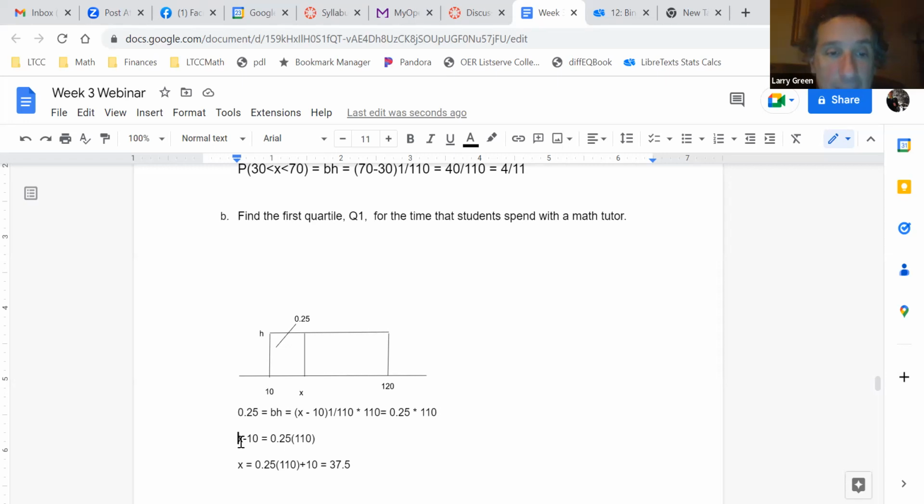Then if I want x by itself and I have x minus 10, I add 10. And you get x equals 0.25 times 110 plus 10. Calculators are good for that. You put it in the calculator, you get 37.5. And there, 37.5 will be the first quartile. So it's a lot of steps. Any questions at all on this example?